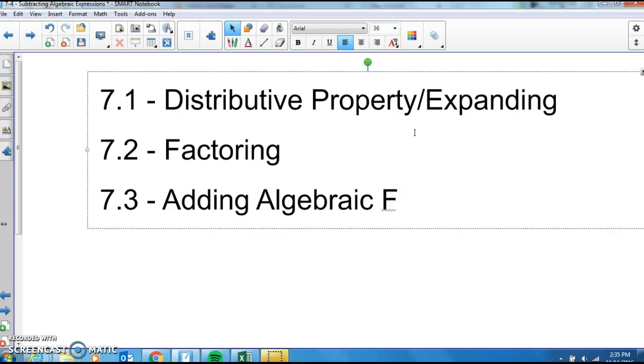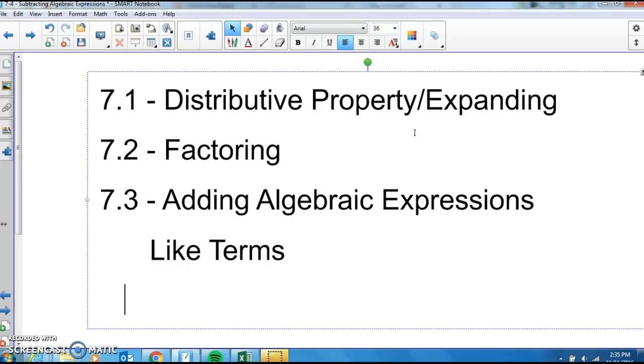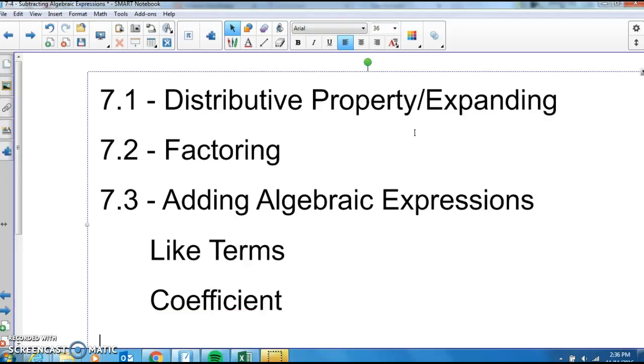This is what we did on Friday. We also talked about like terms, coefficients, and then today we talked about 7.4, which is subtracting algebraic expressions.